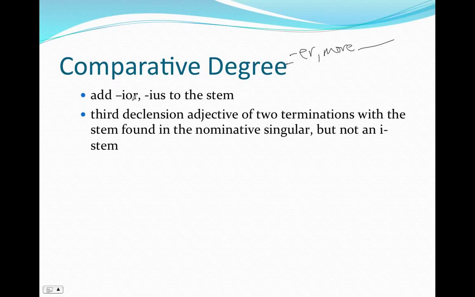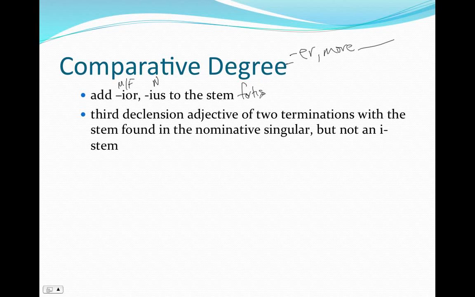First, we're going to take any adjective, or almost any adjective, and we're going to add -ior and -ius to the stem. So -ior is going to be our masculine feminine, and -ius is going to be our neuter. So we're going to take our stem. Let's just, for argument's sake, take fortis, strong.